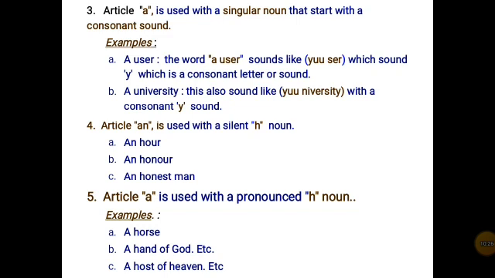The same thing applies to example B, an honor. You pronounce honor with the vowel sound O, which is a vowel letter. So therefore we have a vowel sound there. Therefore we have an honor, not a honor.